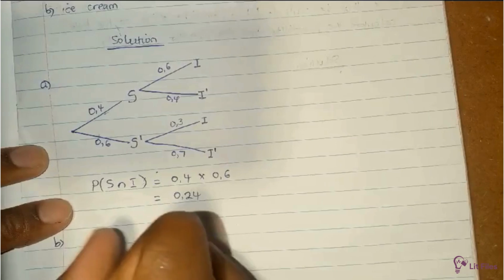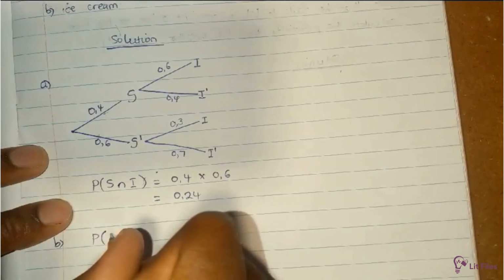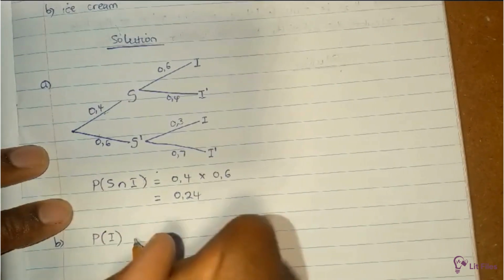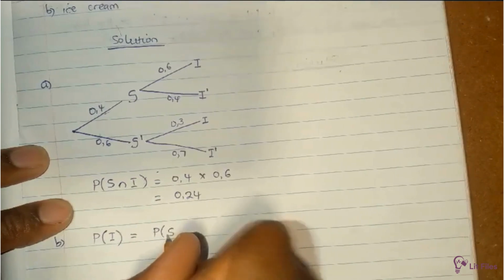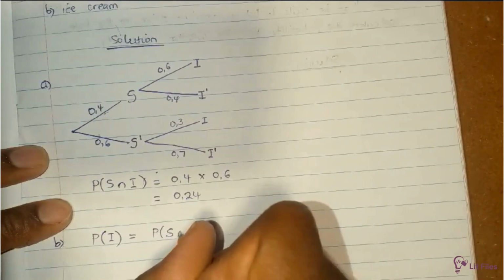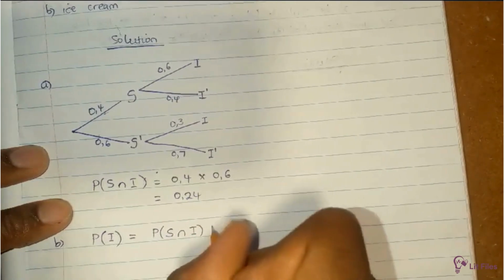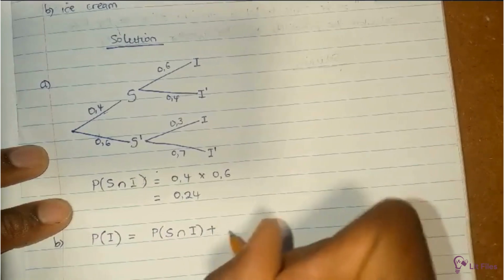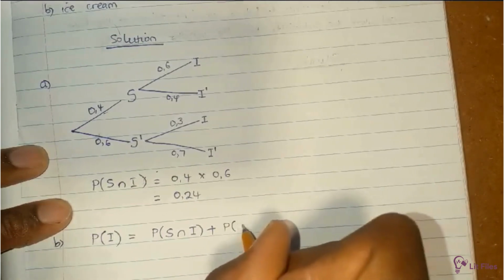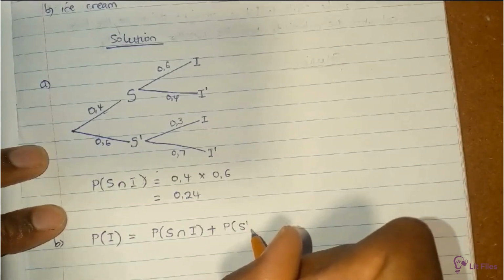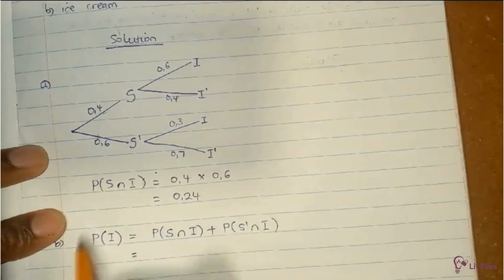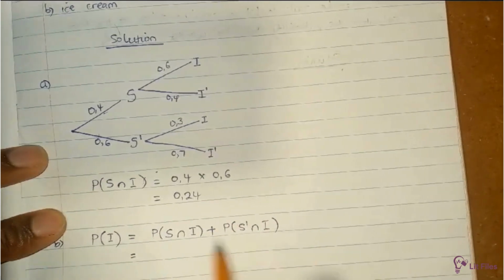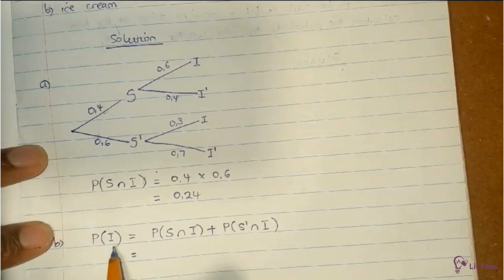So the probability that a customer will choose ice cream will come from the customer choosing steak and ice cream, or, remember, "or" is plus, right? Or they don't choose the steak, then they choose the ice cream. All these combinations of the events will lead to the customer choosing ice cream.